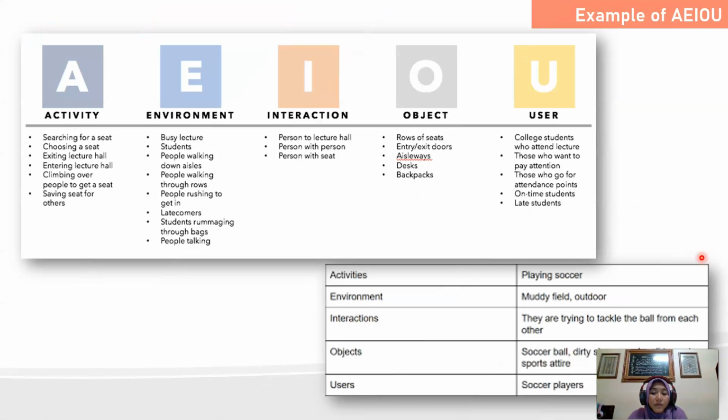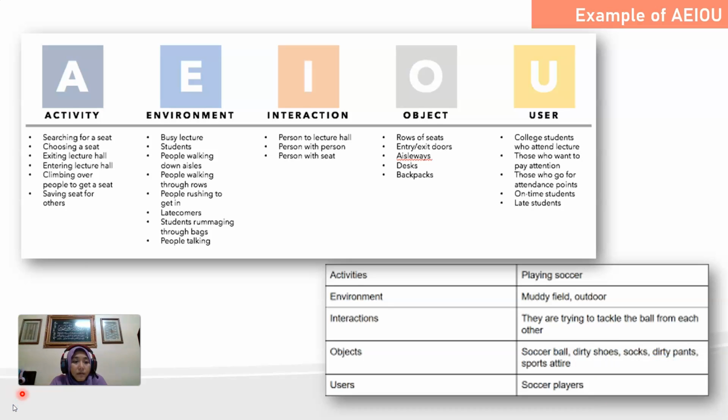This is another one for you to get more insight. This is also the same. For example, the activity is searching for a seat. Environment: a busy lecture hall, students and people walking down the aisle.